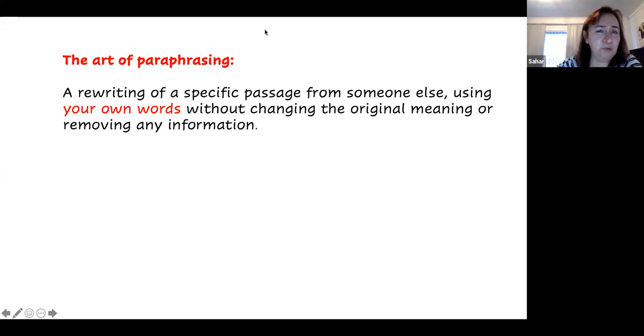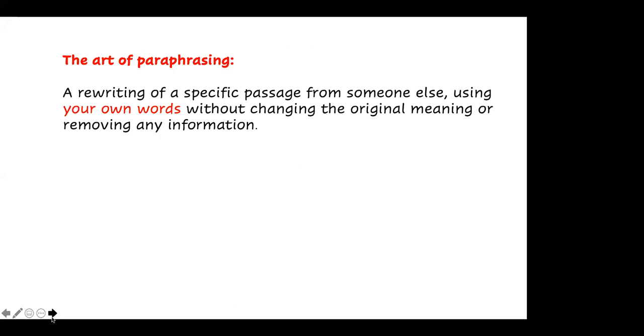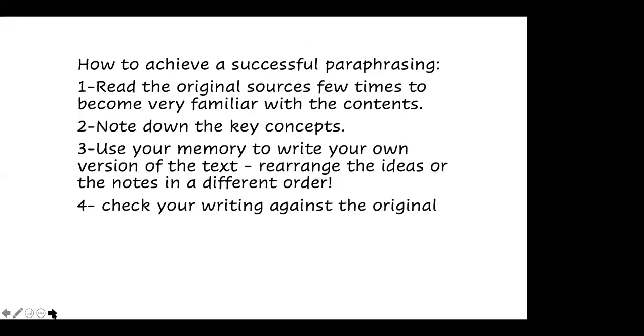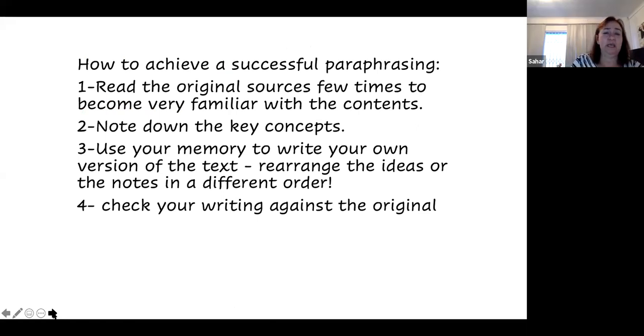So when you write a paper, you have to use your own words. Rewriting a specific passage from someone else using your own words is what is meant by paraphrasing, without removing or omitting any information or changing the original meaning.